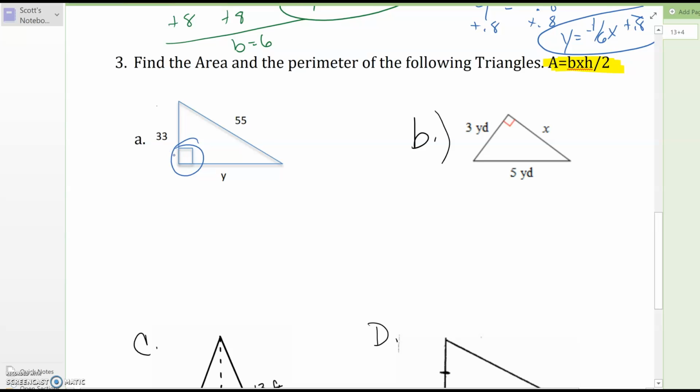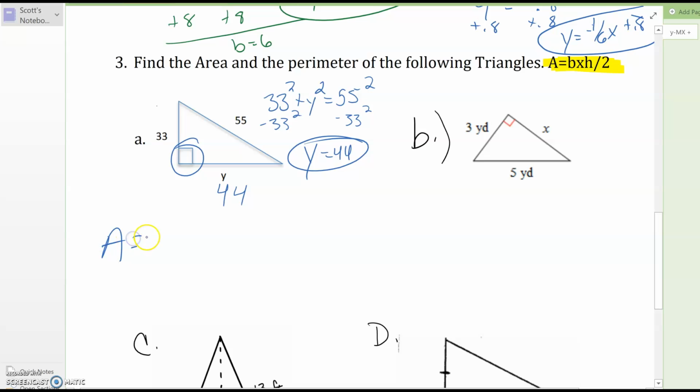Okay, so for this one, I'm going to have to use Pythagorean theorem. 33 squared plus y squared equals 55 squared. Okay, I'll subtract that. 55 squared minus 33 squared. Then take the square root. Be 1936. After you take the square root.